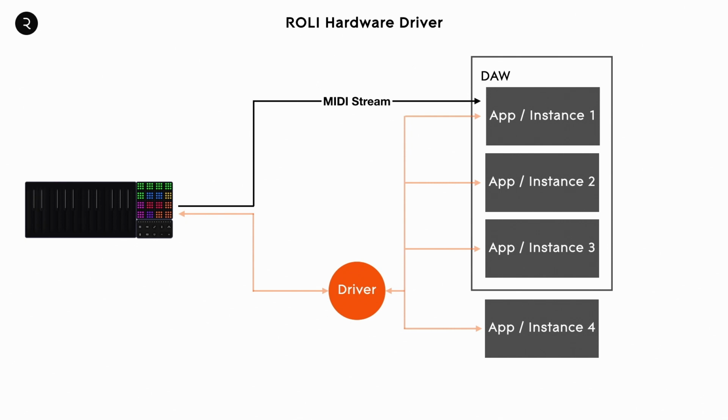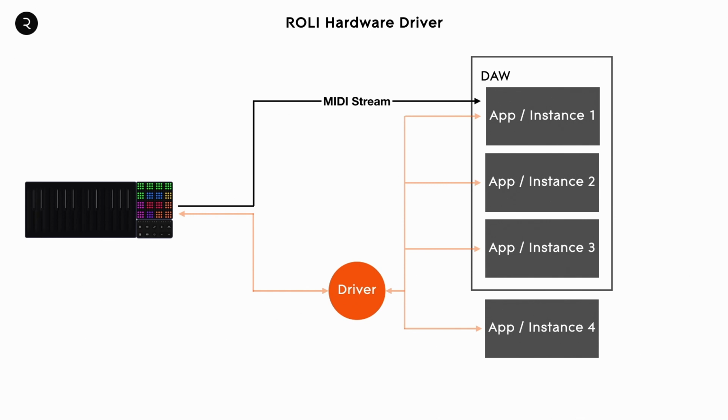It's then up to the DAW to filter that MIDI stream to the individual instances. But we create this backdoor, so these instances can actually talk to the driver and say, hey, I'm in focus, I want to take control of the Blocks now. Can you drop focus so I can do that? It stops this clashing between apps and instances and also allows you to quickly flip between them.